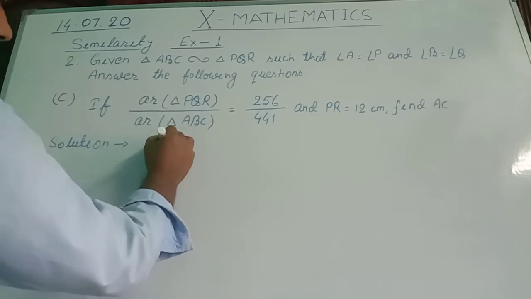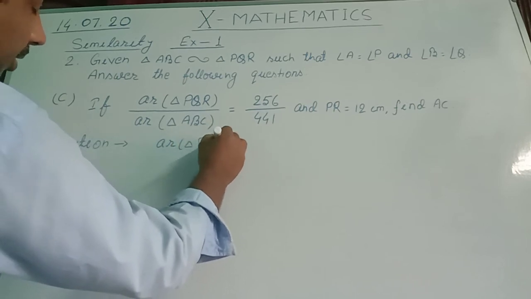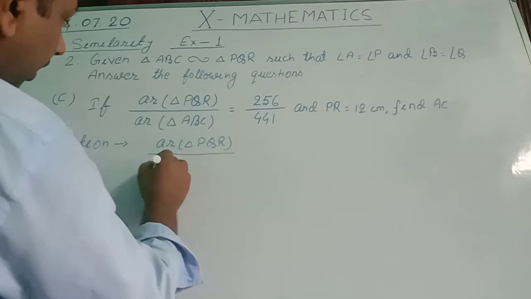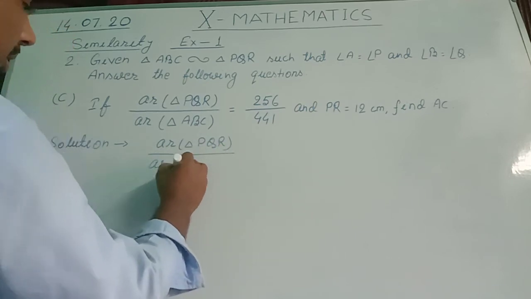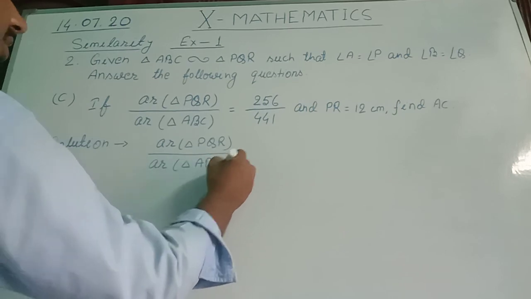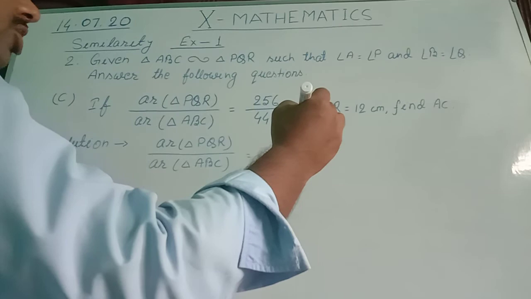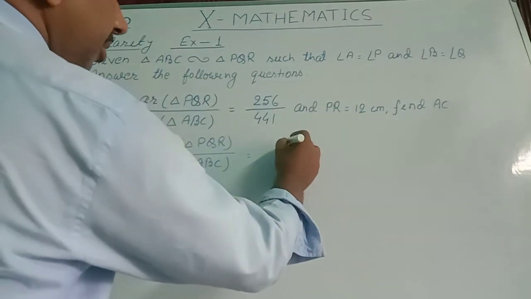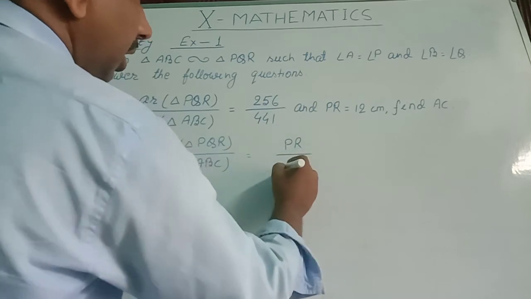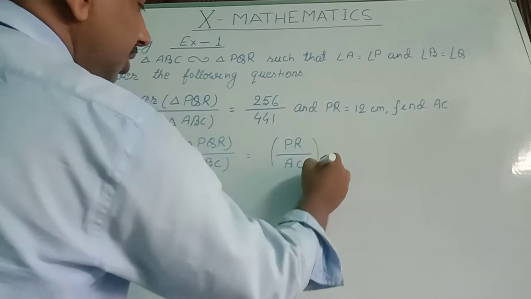We write at first area of triangle PQR by area of triangle ABC. Then this will be the square of the ratio of the corresponding sides. PR is the side of triangle PQR and AC is the side of triangle ABC, whole square.